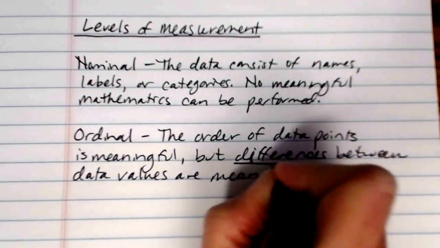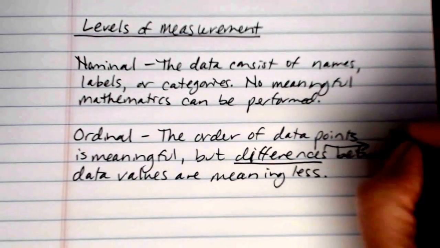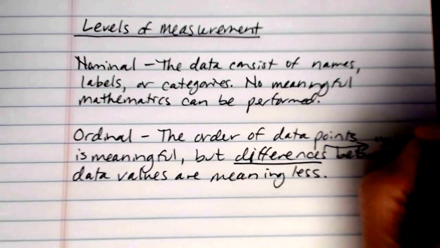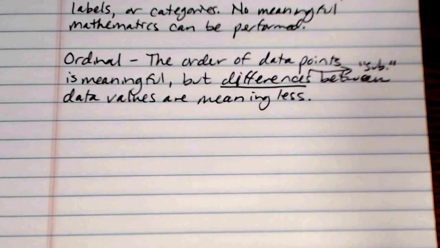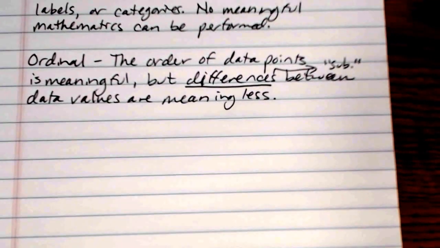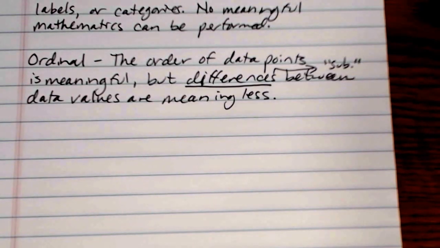And here, when we talk about differences, we're actually talking about the mathematical definition of the word difference, which means subtraction. Okay, so at the ordinal level, the order of data points is meaningful, meaning the order that we put them in matters, but the differences between data values are meaningless. We can't compute subtraction as an operation between data values.